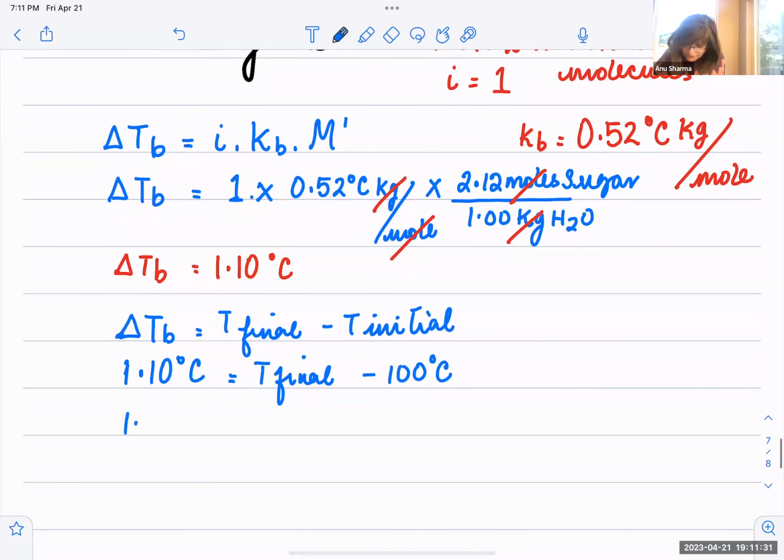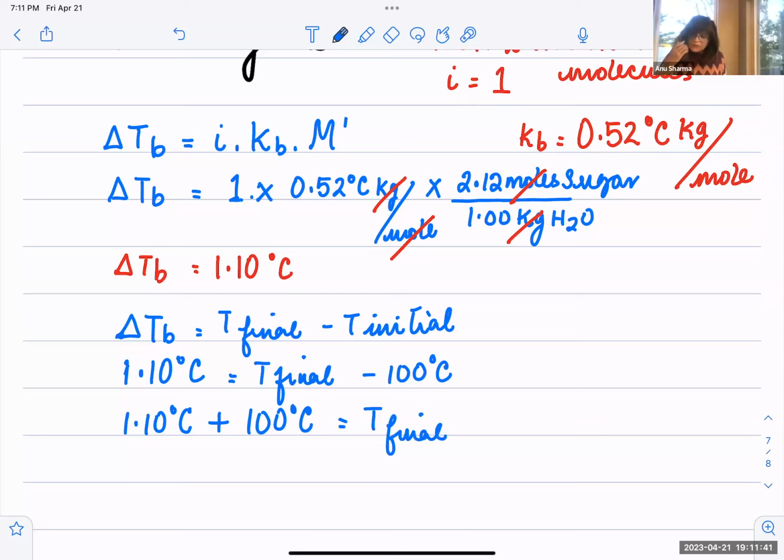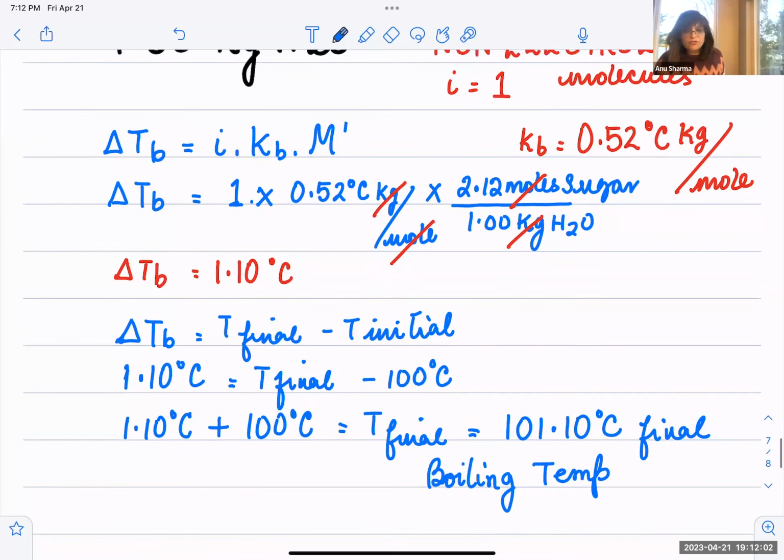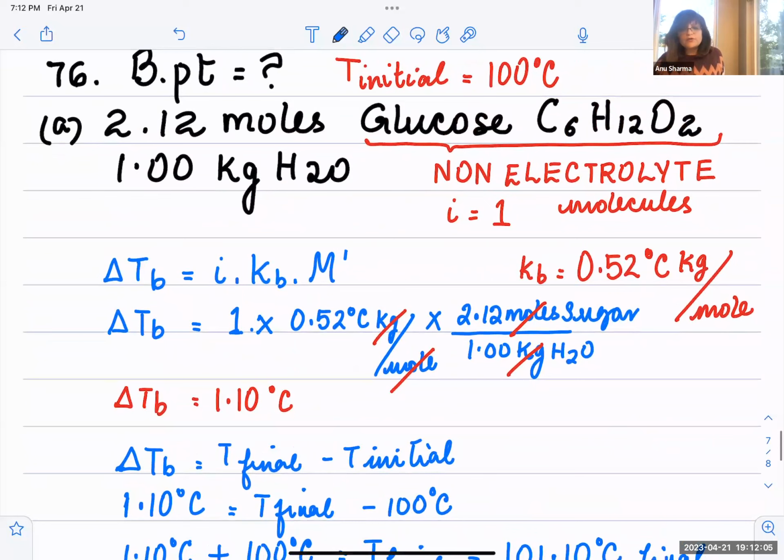So when you solve it, it is 1.10 degrees Celsius plus 100 degrees Celsius, and this is T final. The T final becomes 101.10 degrees Celsius. That is the final temperature, the final boiling temperature of the water when 2.12 moles of sugar is added to 1 kilogram of water.